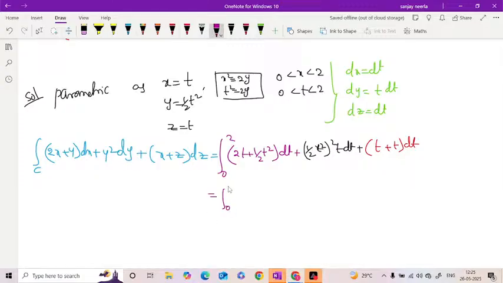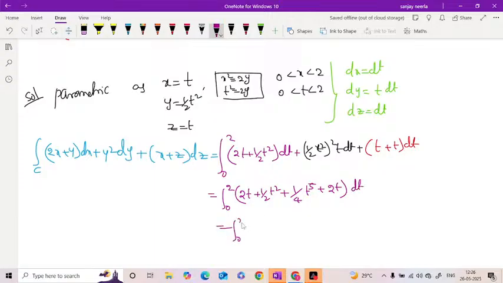Now integral 0 to 2, t plus 1 by 2 t square plus, after simplification, it is 1 by 4 t power 5 plus 2t into dt.